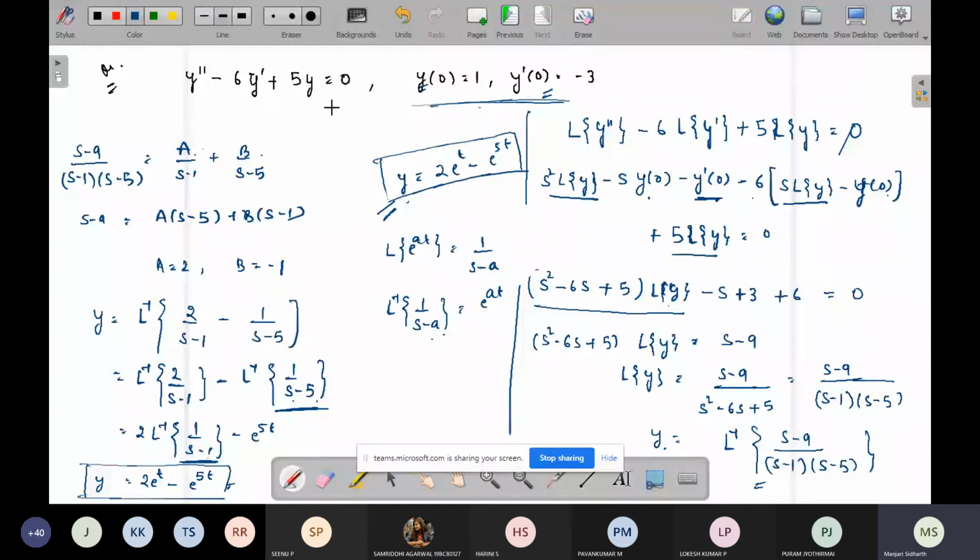Use the formula for the derivatives, and for the function, if it contains a non-homogeneous part. Then collect the coefficient of Laplace transform of y, Ly. Except Ly, every term you have to take into the RHS, then do partial fractions, then inverse Laplace transform, then you will get the answer.